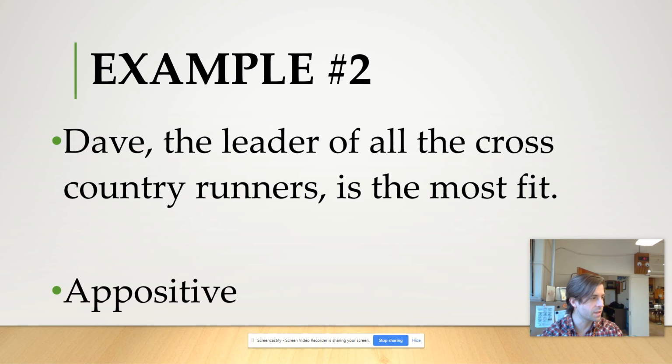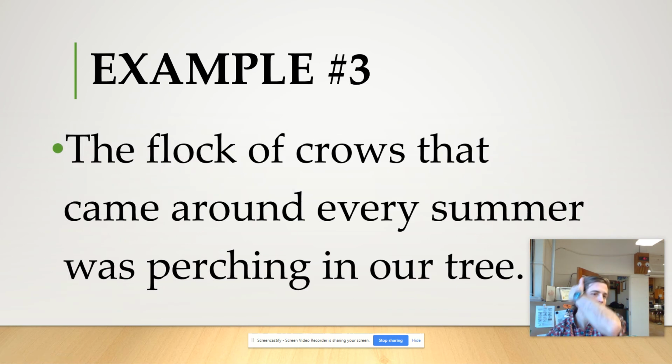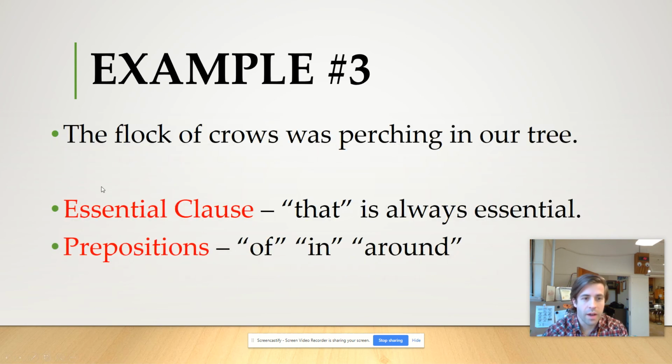All right, last example. We're dealing with one more type of confusion that can get in the way between our subject and our verb. So, the flock of crows that came around every summer was perching in our tree. We got a couple things at work here. So we have an essential clause this time.